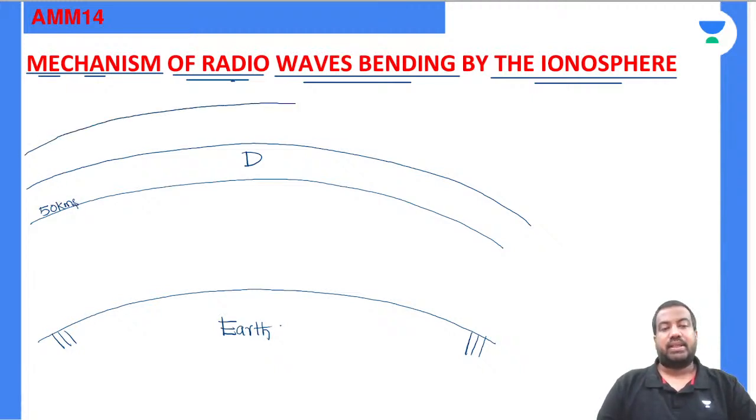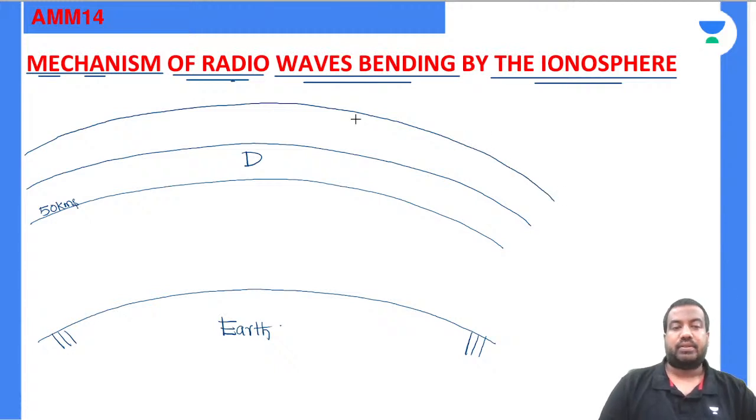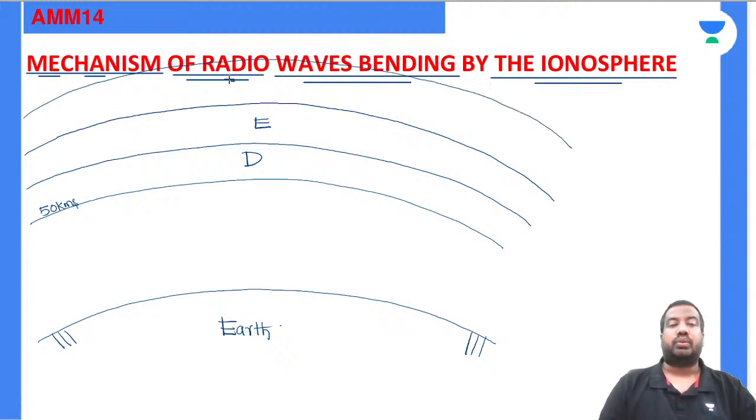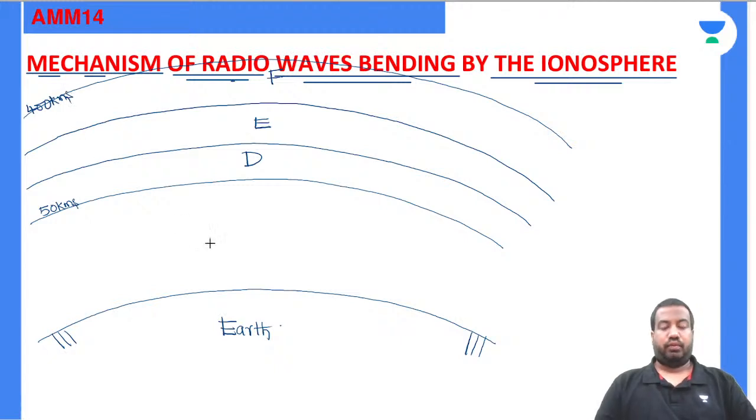Major layers are D, E and F. This is the E layer and this is the F layer, which is further split into F1 and F2. These different layers span from 50 kilometers to 400 kilometers.